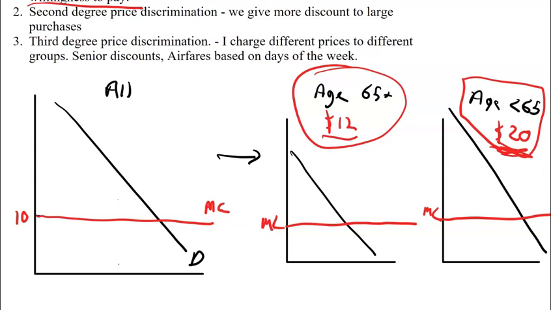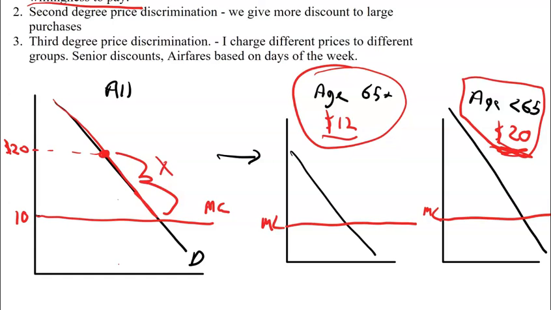So imagine this. Let's say this is my demand. It could be that if I charge $20, then these people would not buy the ticket because it's too expensive for them.